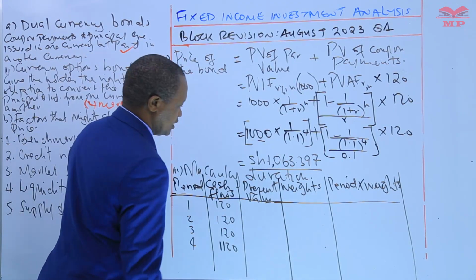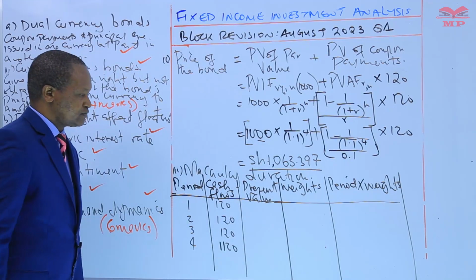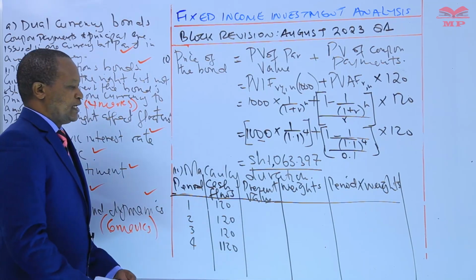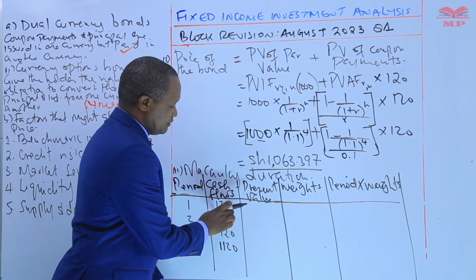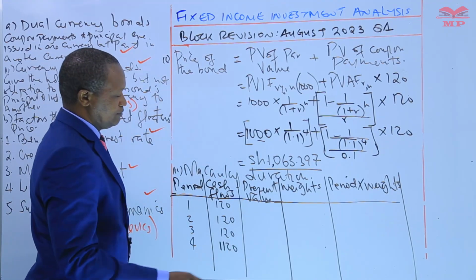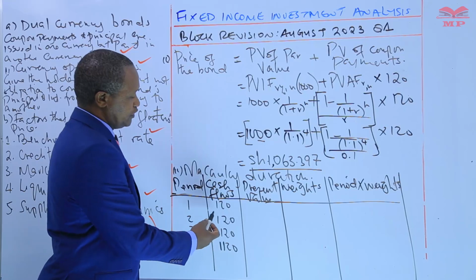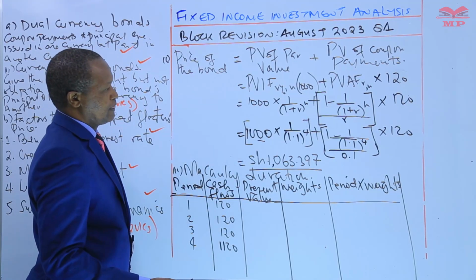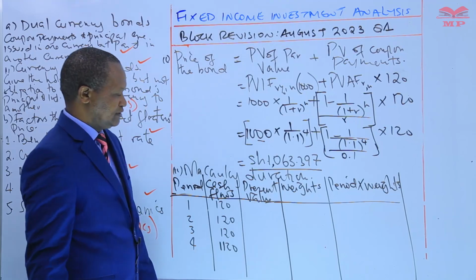So let's work out the present values. This is 120 shillings per annum. We are going to discount this 120 as a lump sum. At the end of year 1, we discount the 120 at 10%.